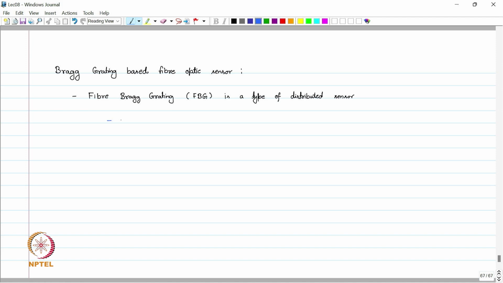In this FBG sensor, a short segment of optical fiber reflects or refracts particular wavelengths.